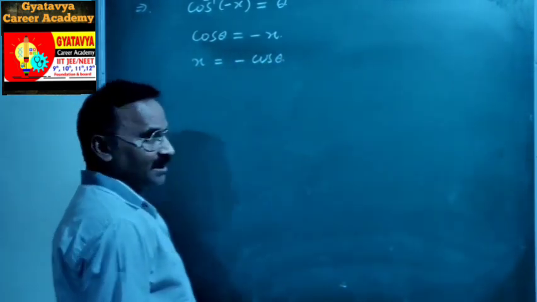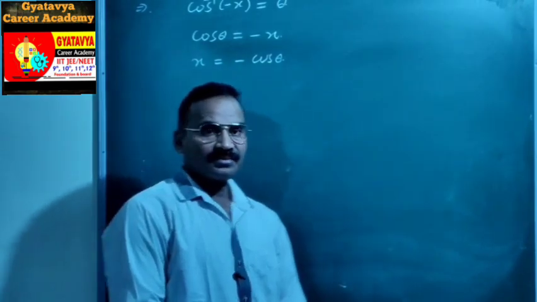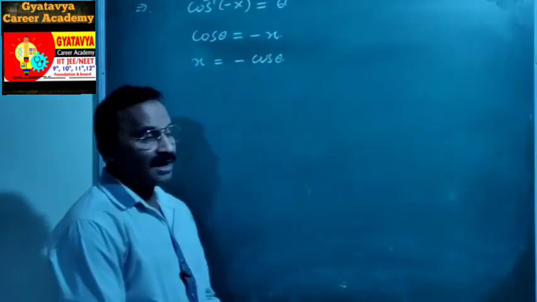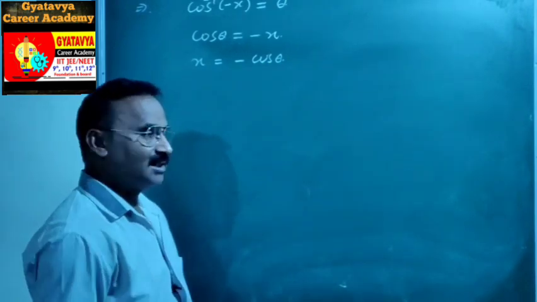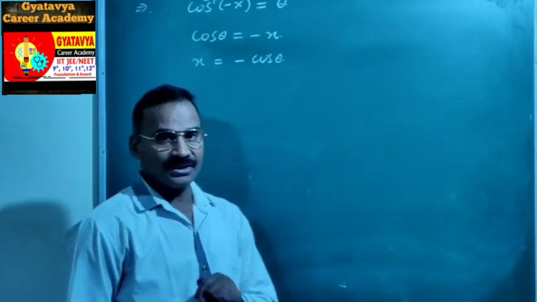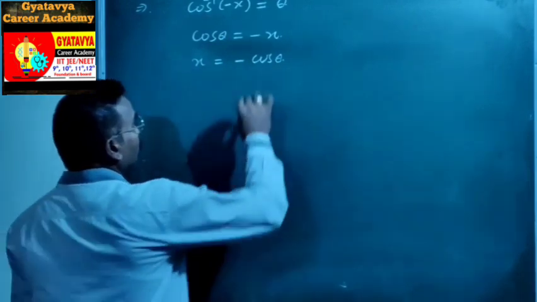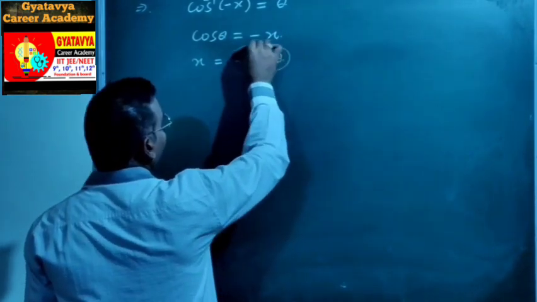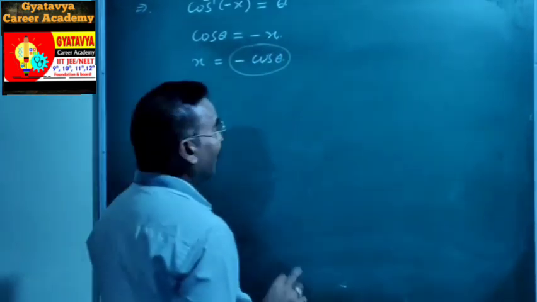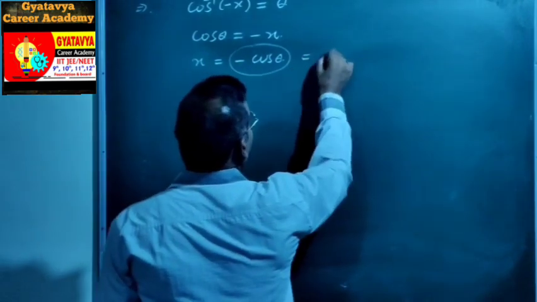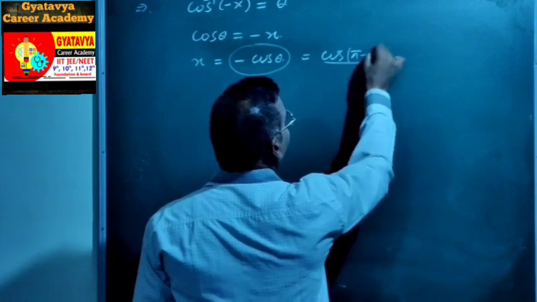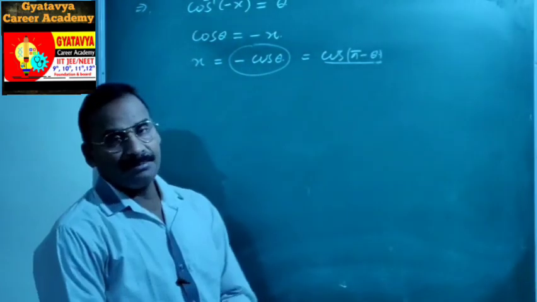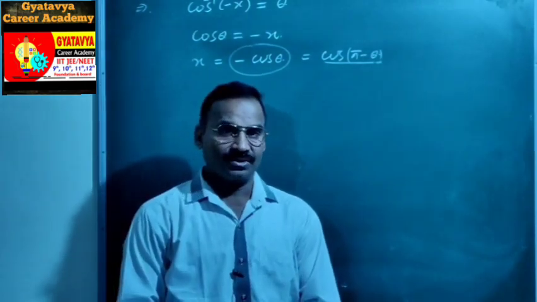Because cos theta is an even function, we can't write cos of minus theta, because cos of minus theta is equal to plus cos theta. Okay, so in another manner we can write minus cos theta as cos of pi minus theta. Why? Because cos of pi minus theta is equal to minus cos theta.